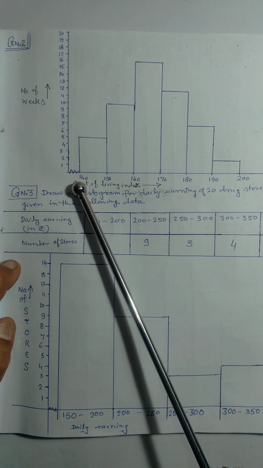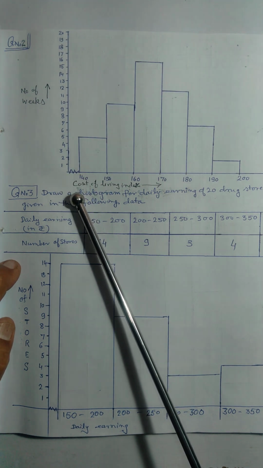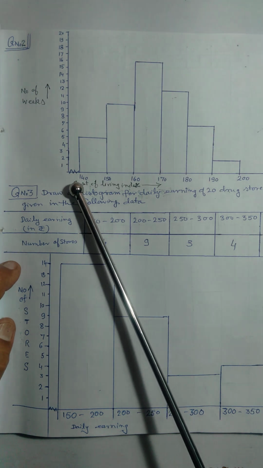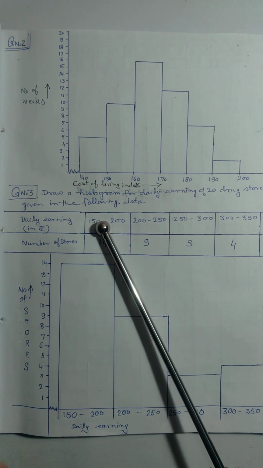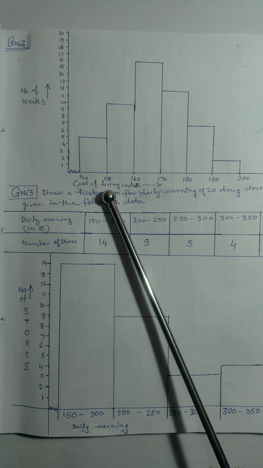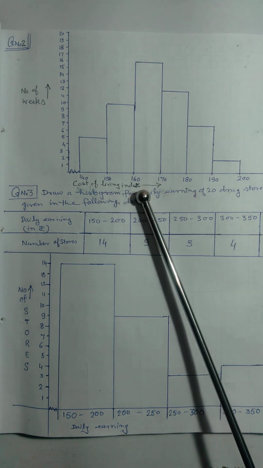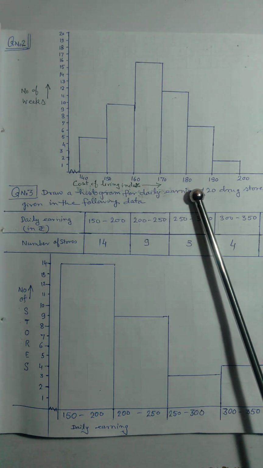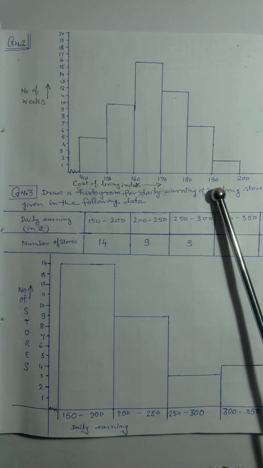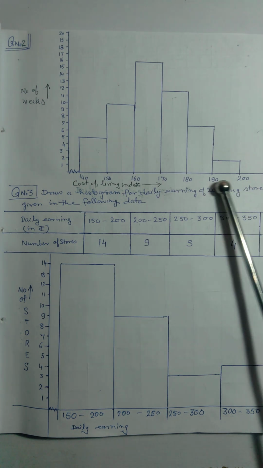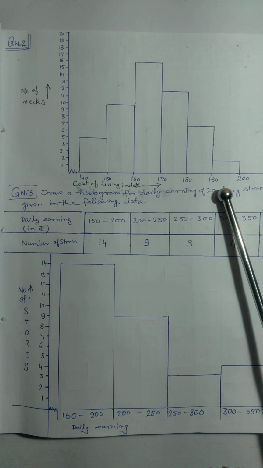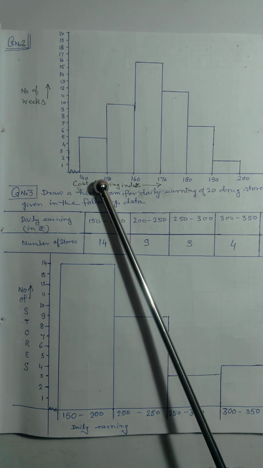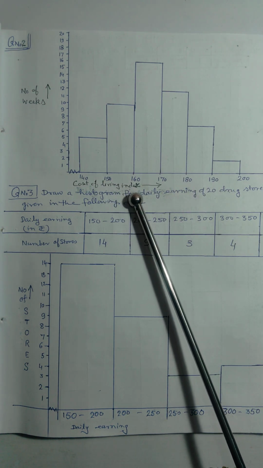Not required has been represented by the kink line. So 140 to 150, 150 to 160, 170 to 180, 180 to 190, 190 to 200. This is a continuous series and it is known as exclusive series.